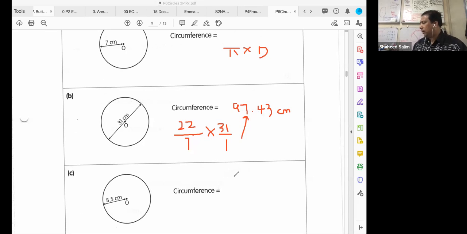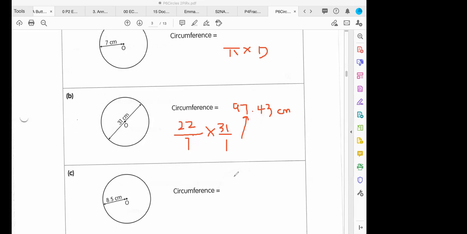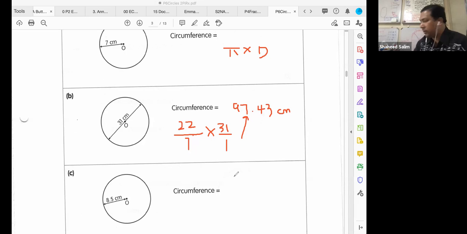What about C? Ilhan, have you got an answer for C? 27. Okay, what about Zahin? What's the answer for C?